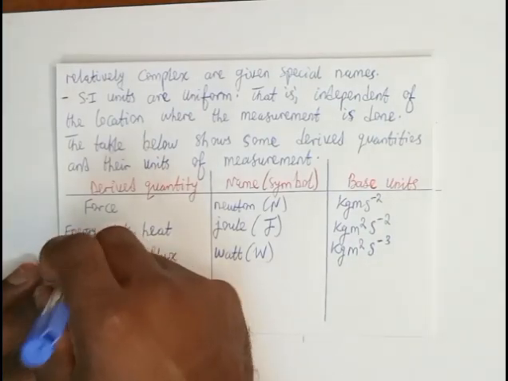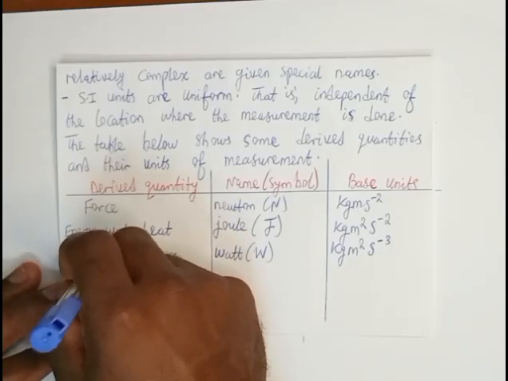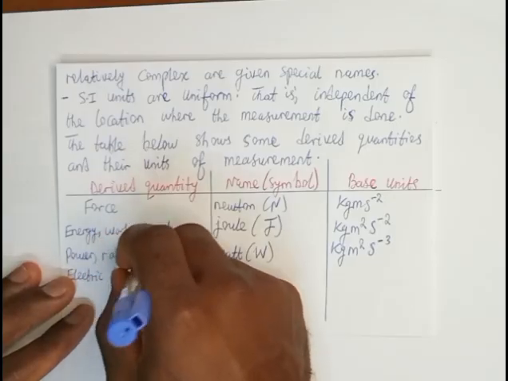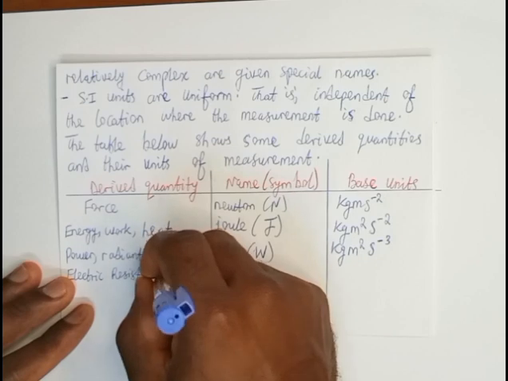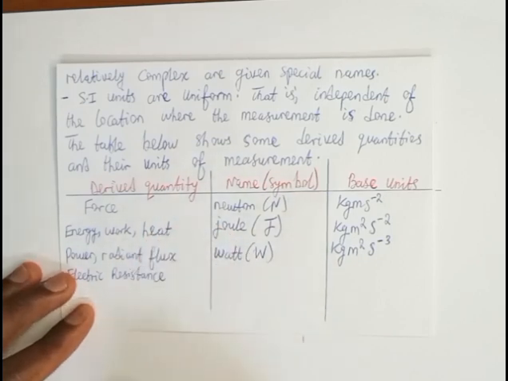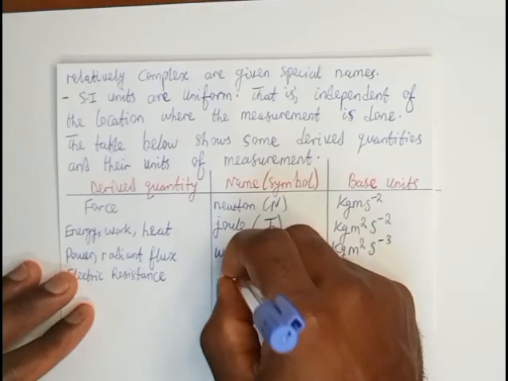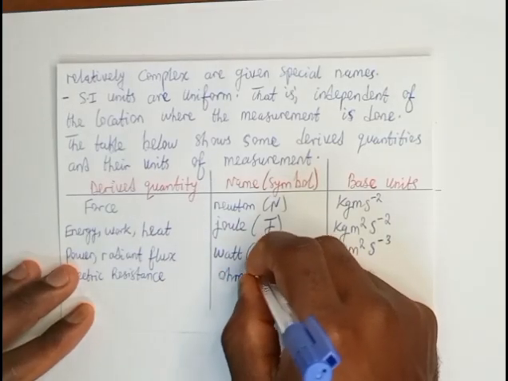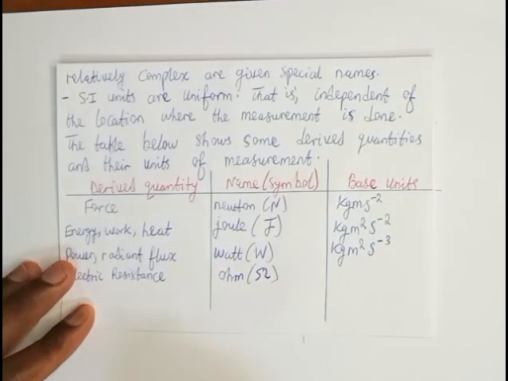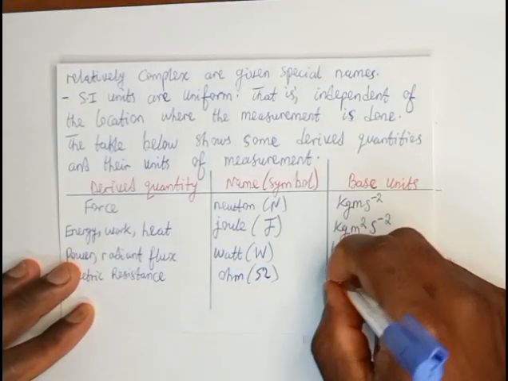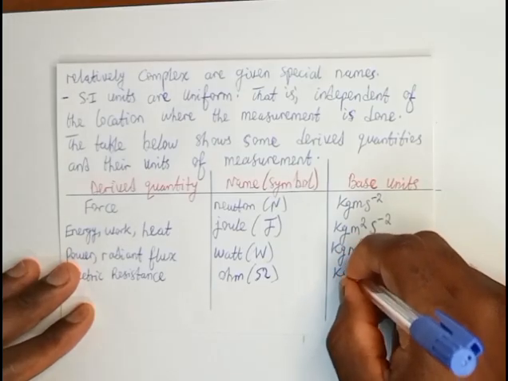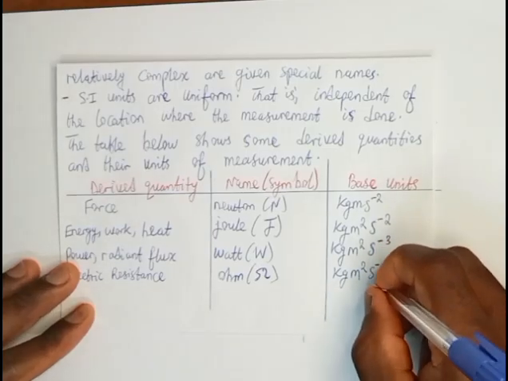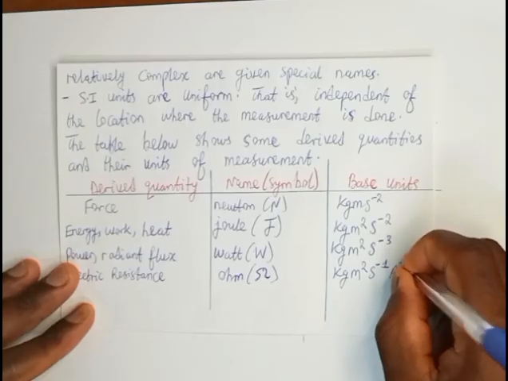The next we have electric resistance. It has a unit, the ohm, with symbol. We have the omega like this. Then the base unit, we have the kilogram, meter squared per second per ampere.